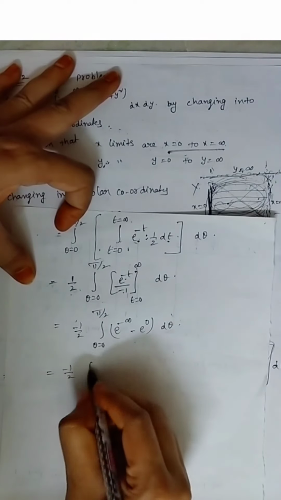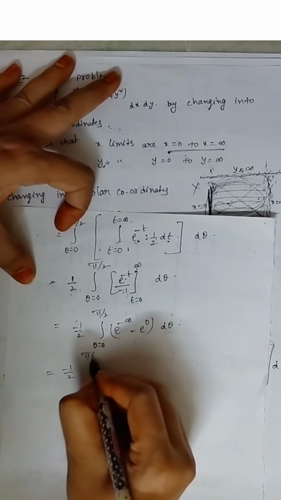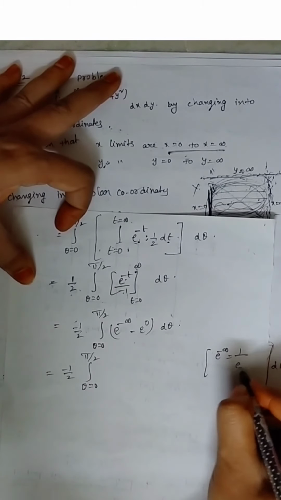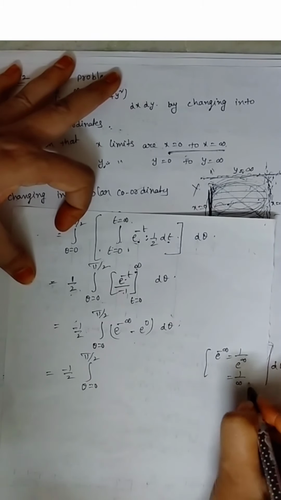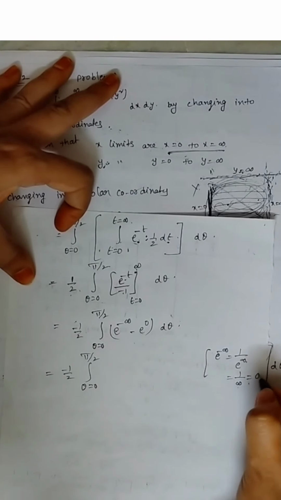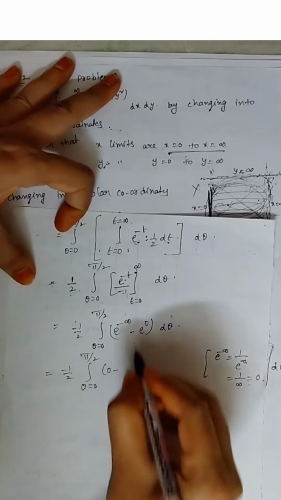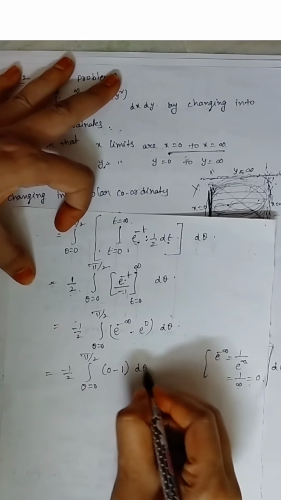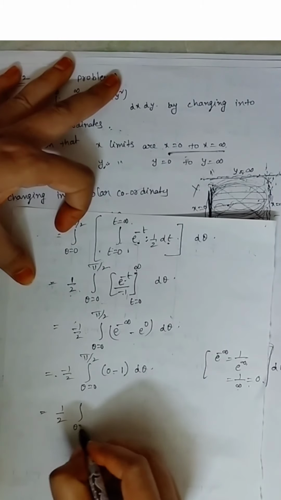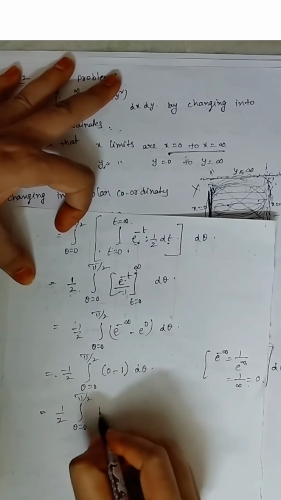We know that e power minus infinity we can write as 1 by e power infinity, which means 1 by infinity, equals 0. So 0 minus e power 0, value 1, into d theta. So minus 1 take outside, minus into minus plus, theta equals 0 to pi by 2, d theta.